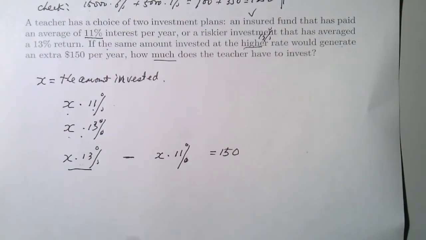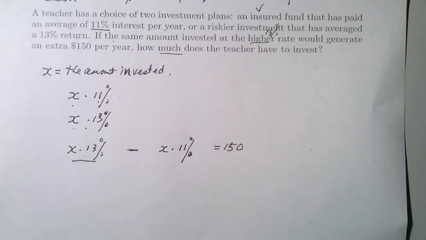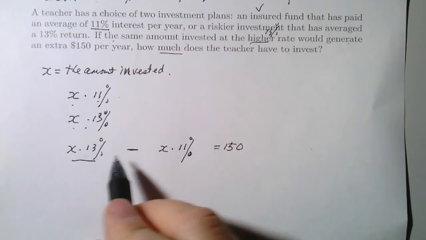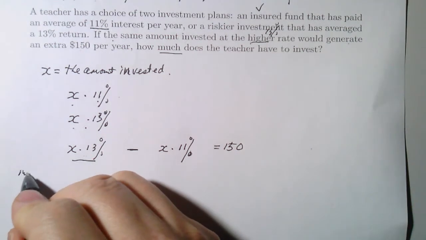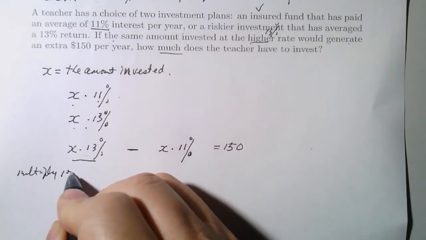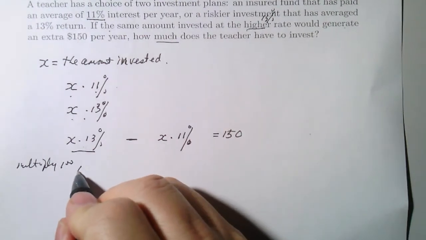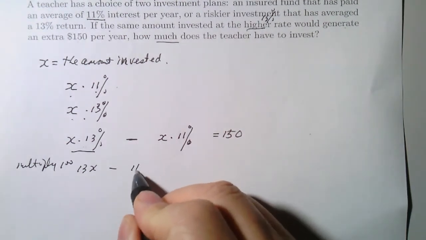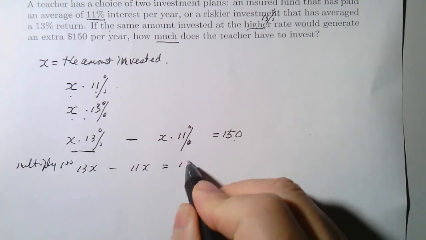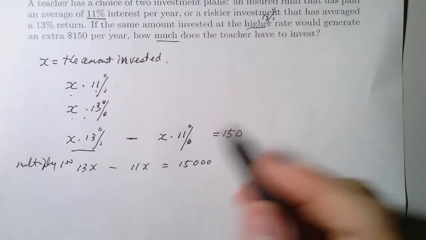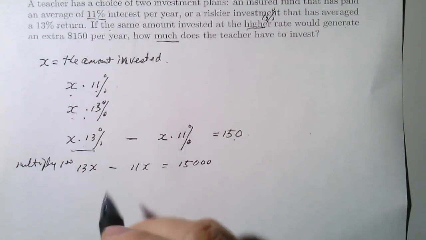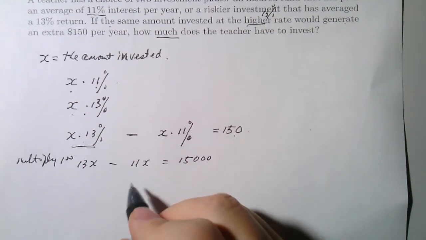Now all we need to do is solve this equation. You can multiply 100 to both sides, so we get 13x minus 11x equals 15,000. Multiplying by 100 reduces the percent. 13x minus 11x is 2x.